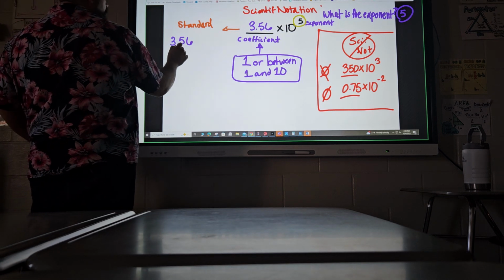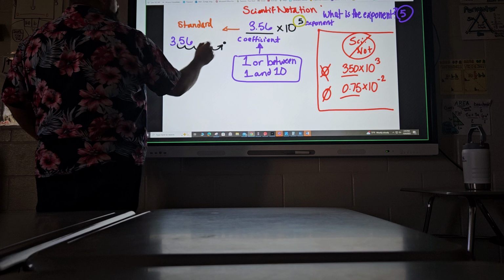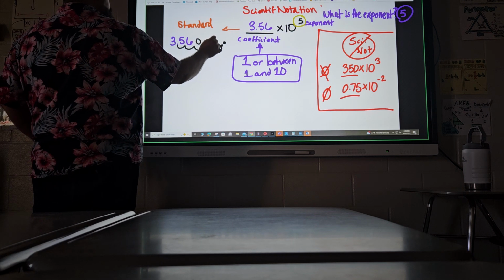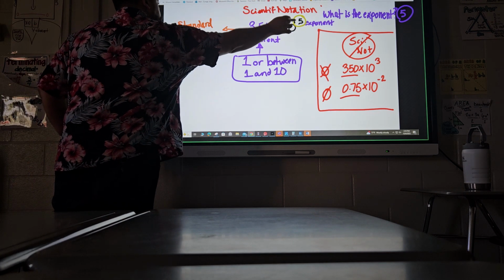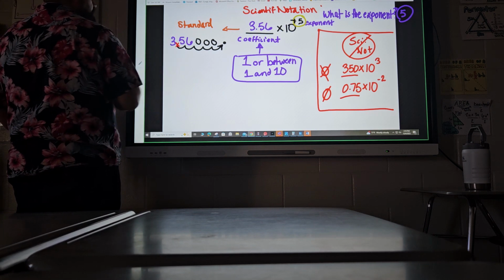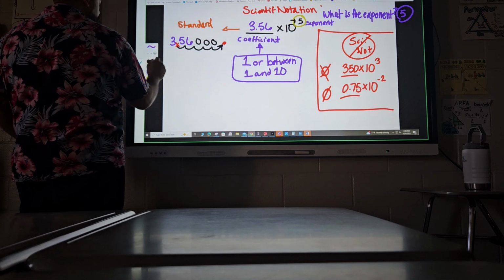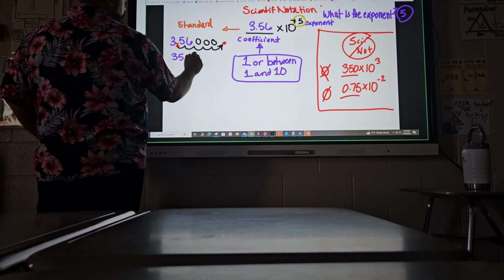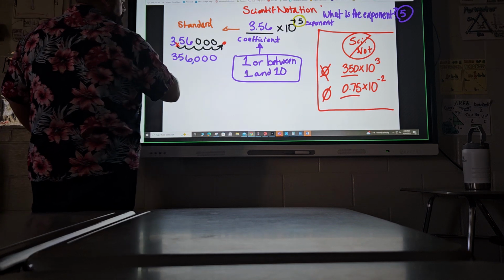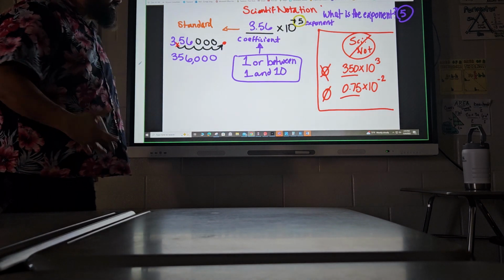We're going to move it 1, 2, 3, 4, 5 spaces to the right. We're going to fill in these zeros. Because it was a positive, you're going to the right. Remember, we moved this decimal. It's not there anymore. It's over here now. So we're just going to rewrite it with our zeros. And your answer in standard form is going to be 356,000.